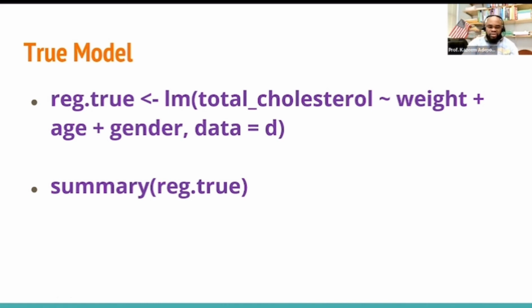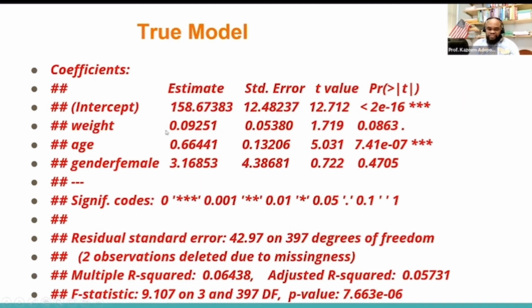So when you take a look, this is the code for how to do that. And when I do the summary, I have this result. I want you to pay attention to this result now. I'm going to be focusing on age.